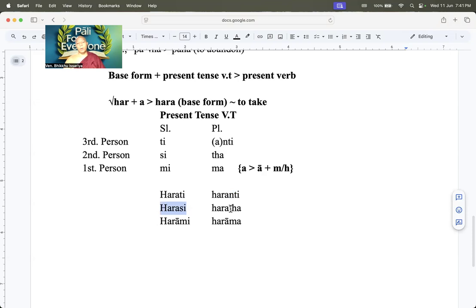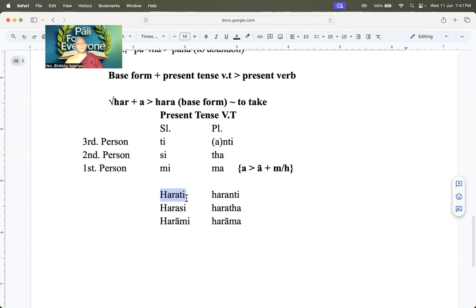And harata, okay. In Pāli pronunciation, we don't pronounce it exactly as written, like in English, where an a sound in some places is a short a.